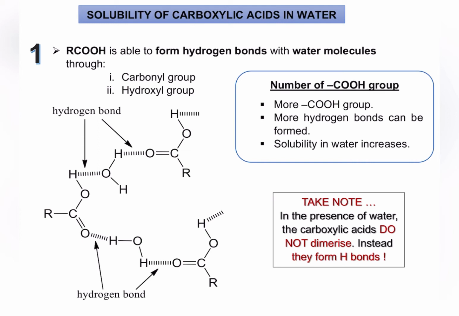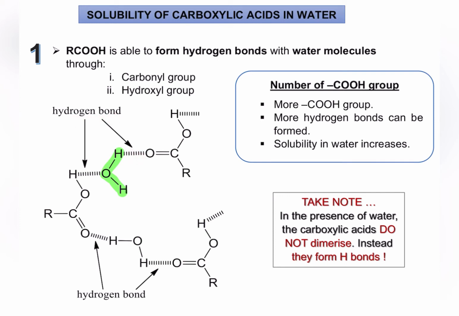For example, this water molecule can form attractive forces between the hydrogen atom from water and the oxygen atom from the carboxylic acid. This is the attractive force that we call specifically a hydrogen bond.